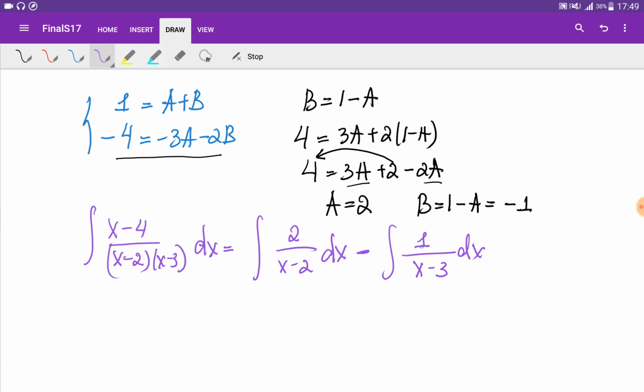So I put the minus of the minus 1 outside the integration. So the integration of the first part is going to be 2 multiplied by the ln of x minus 2, and integration of the second part is going to be ln of x minus 3 plus some constant.